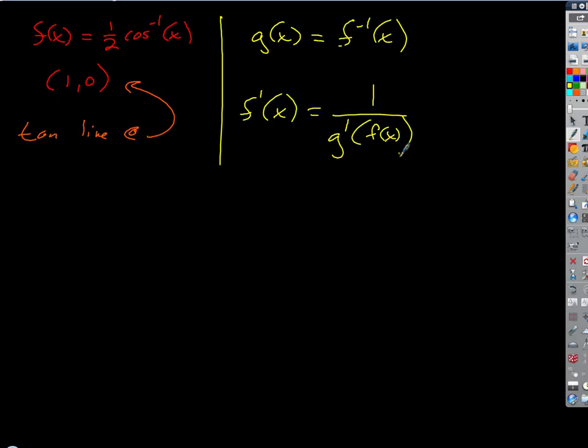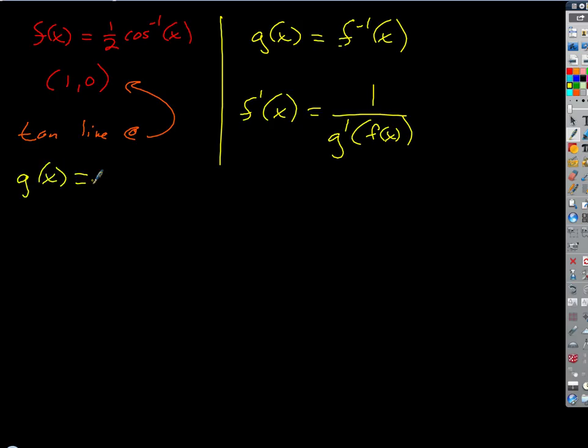Okay, that's fine. That's how we would do it. The derivative of this function is equal to the reciprocal of the derivative of the inverse function, which is convenient for us, because the inverse function, we could find out what that is.